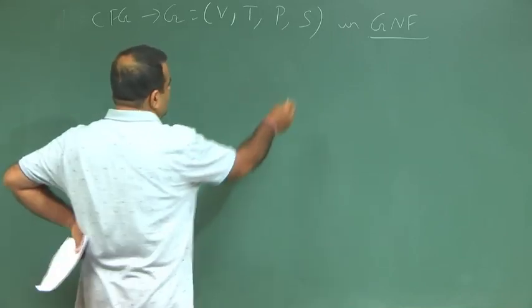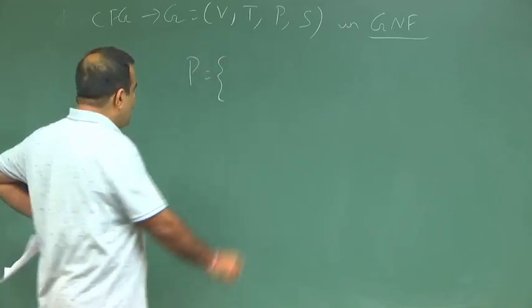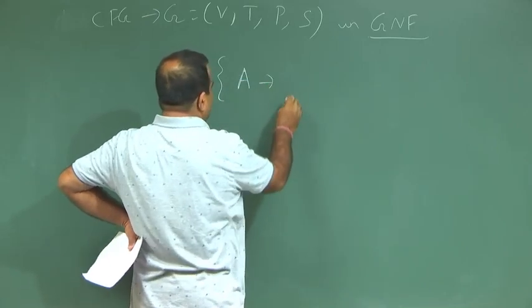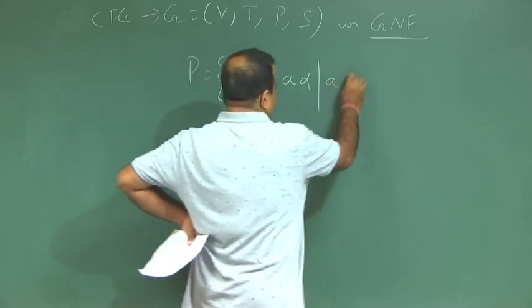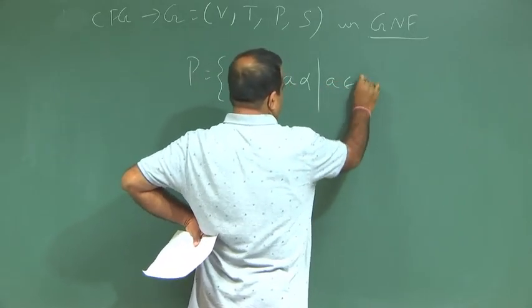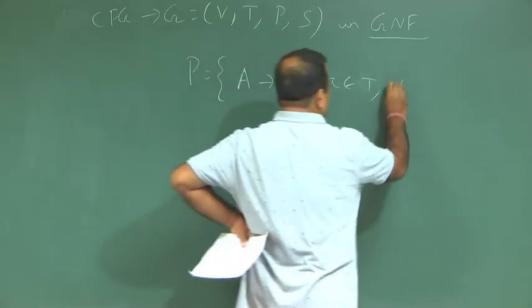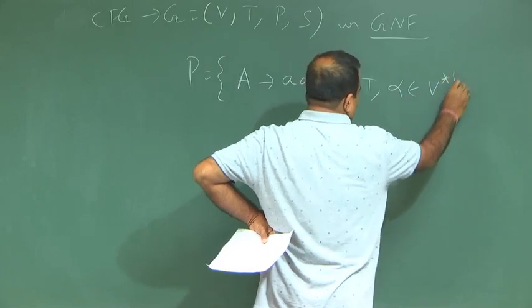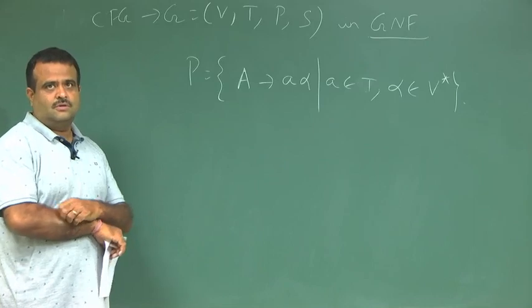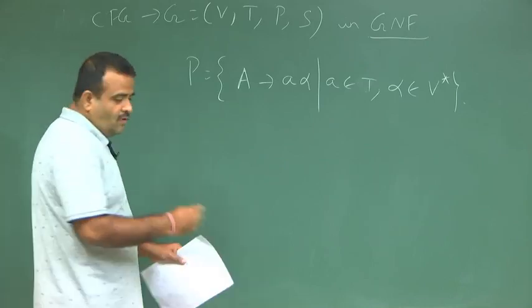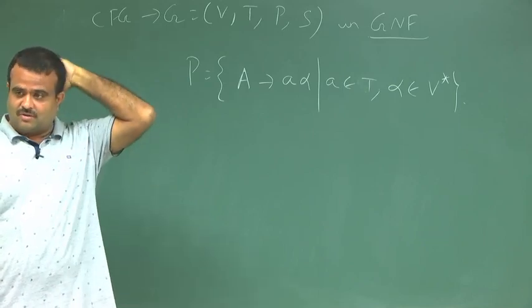GNF means all the productions are of the form A goes to a alpha, where a is a terminal and alpha is a string of variables, V star, so alpha could be epsilon also. If all the productions are of this form, then the grammar is in Greibach normal form.